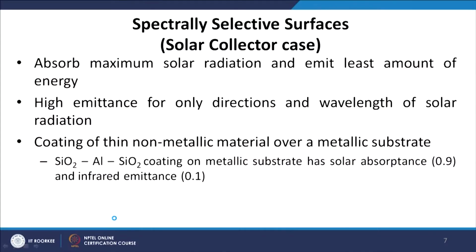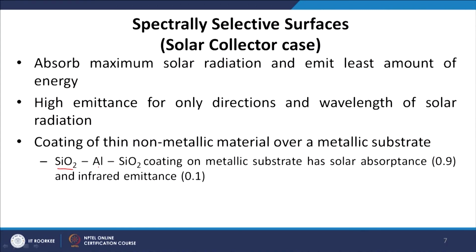We want a surface which absorbs a good amount of radiation, but we also want a surface which does not emit much radiation. So, what is basically done is we combine the properties of more than one material. We put some kind of coating, for example a silicon oxide coating over an aluminum substrate, which gives a good absorptance for solar energy, around 0.9, but simultaneously gives poor infrared emittance, at 0.1.